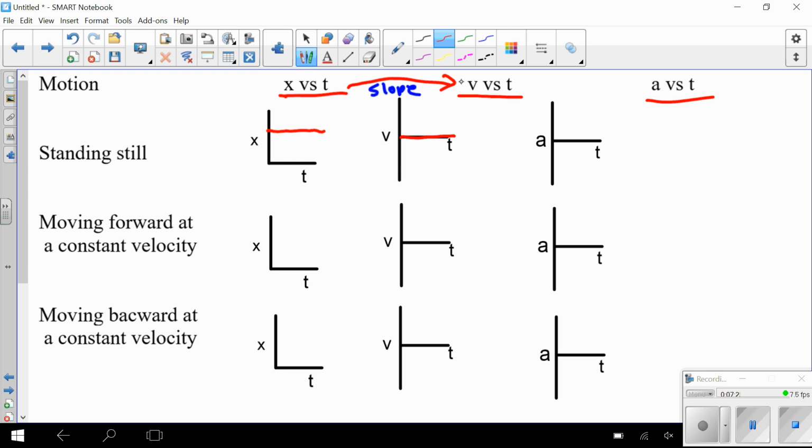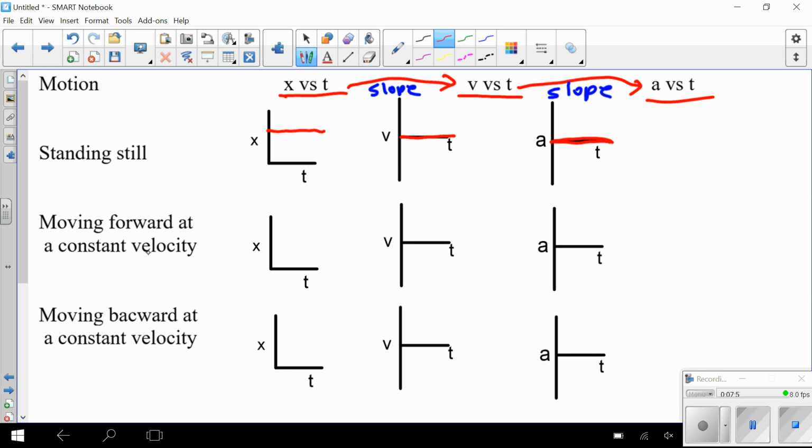If the velocity is not changing, not moving at all, then the acceleration is going to be 0 as well. He's not changing his speed. But what you may not know is that we can get acceleration from the velocity graph by taking the slope, and that will give us our acceleration.